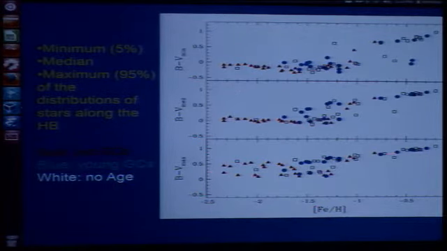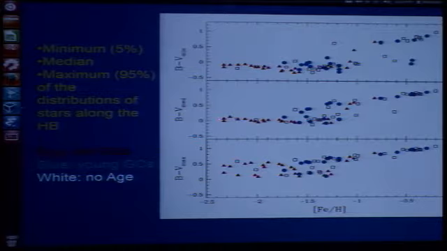Okay, you see that there is an overall trend. This is the first parameter. But the trend shows some scatter, relatively small for the median color, but much larger for the other colors.